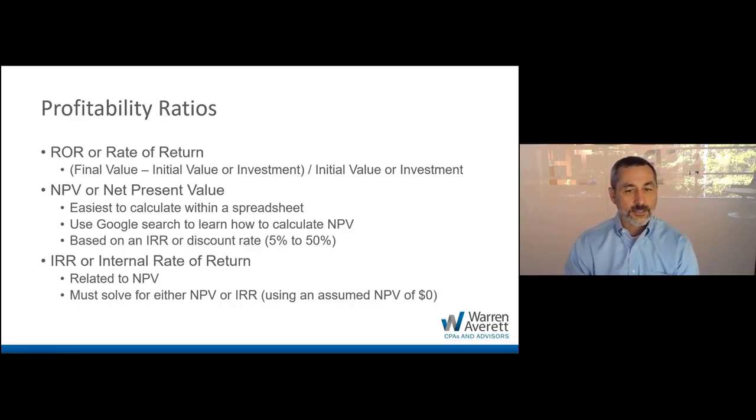If you force the net present value to be zero, then you get to calculate your internal rate of return. And keep in mind, again, what we were talking about a minute ago, that the discount rate associated with investing in a project or a company can be as low as 5% for a very low risk project to as high as 50% for a very high risk project.